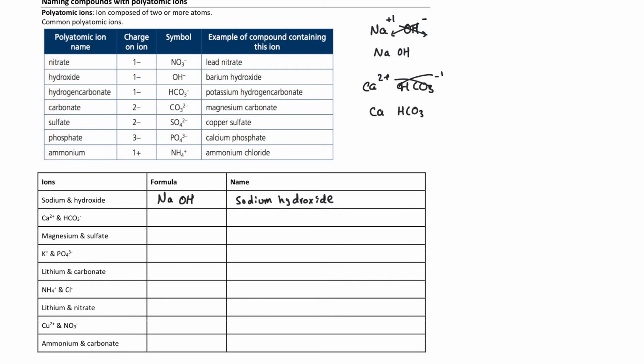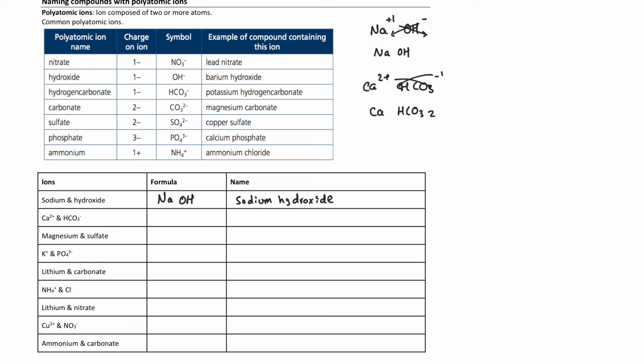Now, if you were to put the 2 here without any brackets, it seems like you have one calcium, one hydrogen, one carbon, three oxygens. Actually, not three oxygens, you have 2 times 3, which is 6. But you only have one hydrogen, carbon, and oxygen.